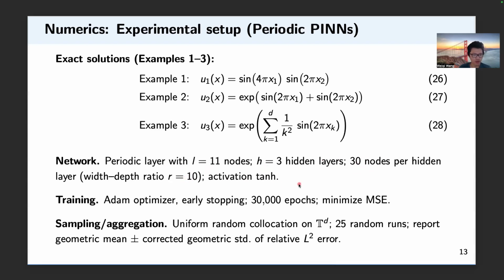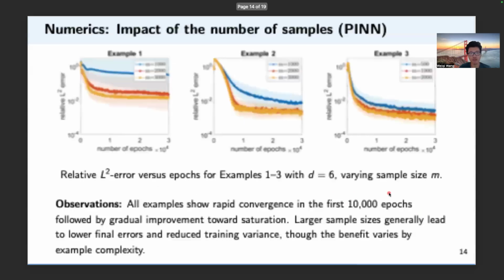We train the neural network for about 30,000 steps, which is usually adequate for these examples. We use random collocation, and we calculate the relative error over, for example, 25 random runs. Then let's see what happens if we change the number of samples.